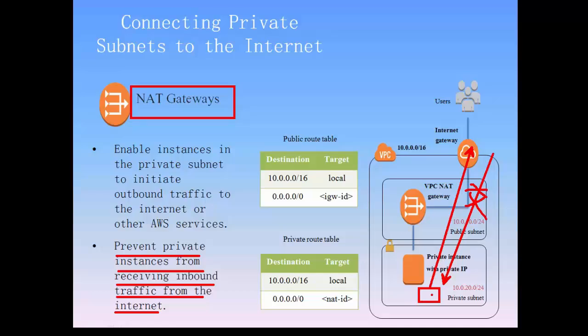Outbound traffic is okay, but inbound traffic is not allowed. Like this is my public route table, having the internet gateway. In the next video, I will show you practically also, then it will be clearer. But in this video, I just try to explain the purpose of the NAT gateway.